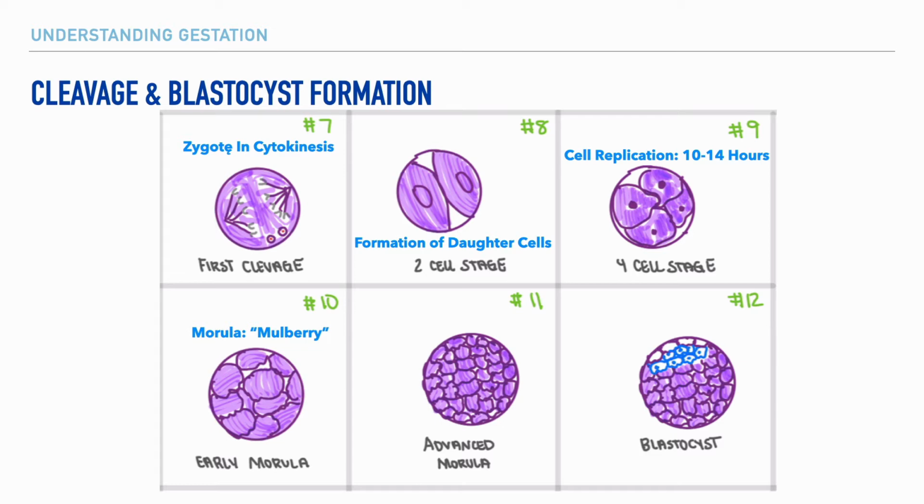Now, over time, this early morula experiences a continuation of cell replication and is then referred to as an advanced morula. And after this transformation, we ultimately end up with a blastocyst, noted here in step 12. Within the blastocyst, we have an inner core referred to as a blastocele, which represents the actual embryo.